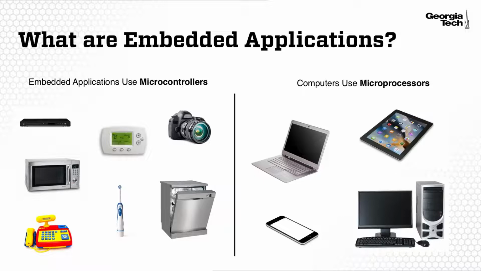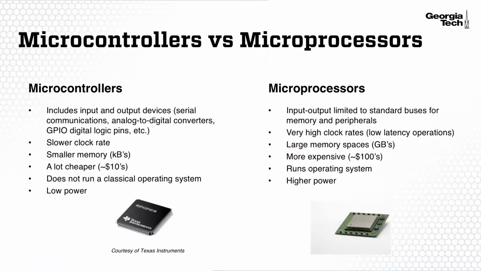Even a lot of children's toys would be considered an embedded application that uses microcontrollers. Embedded applications are fundamentally different from computers because computers are not designed to do some other function besides computation. And so, for that reason, computers use microprocessors and not microcontrollers.